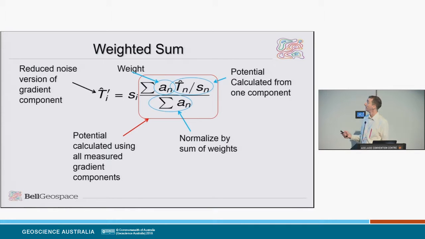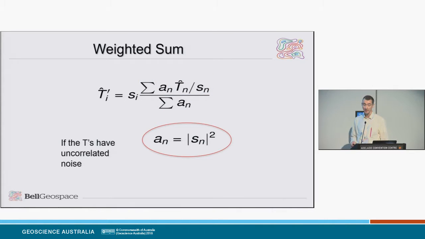And when we do that, we're measuring these, I'm leaving them unknown tensor components. We calculate the potential from each one, and we do a weighted sum of those versions of the potential to produce a noise-reduced version of the gravitational potential, which we then multiply by the appropriate S function to get the component we're interested in.